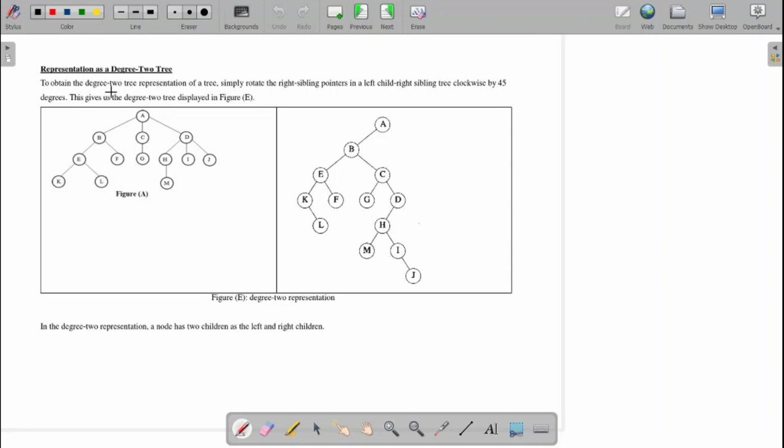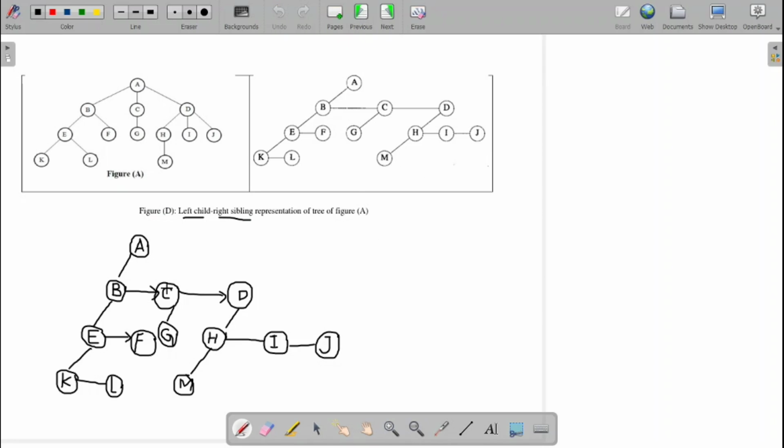To obtain the degree 2 representation of a tree, we simply rotate the right sibling pointers in a left child right sibling tree clockwise by 45 degrees. If you go back to your previous one, this is your left child right sibling tree.